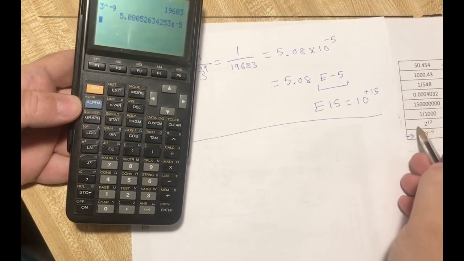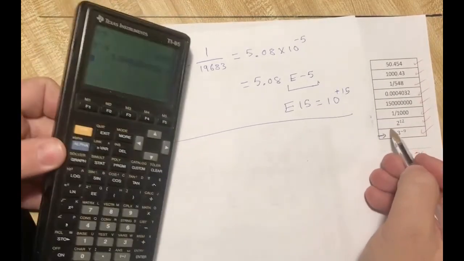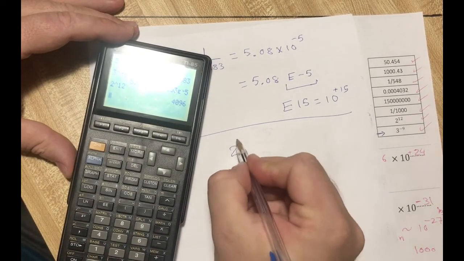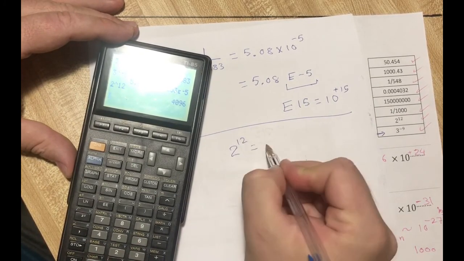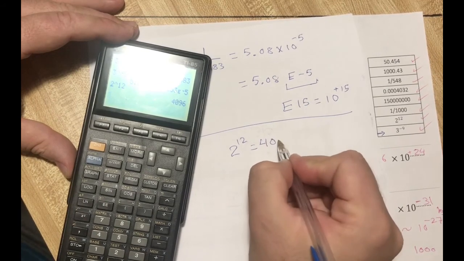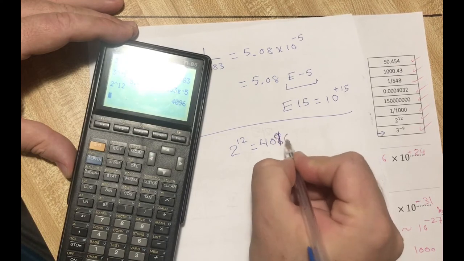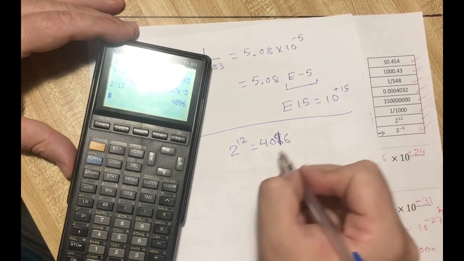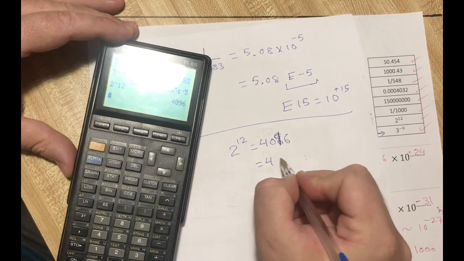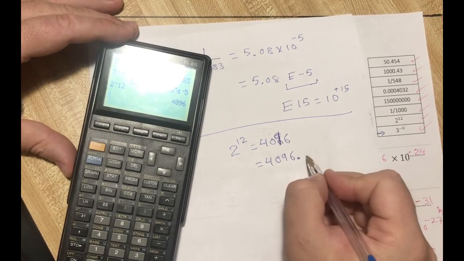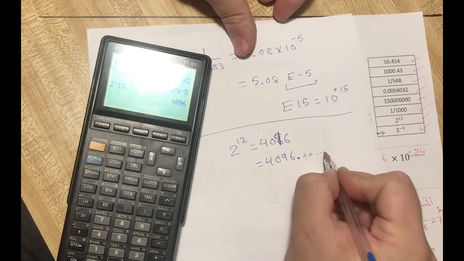Also the same, I can solve for 2 to 12. 2 to 12 is equal to 4,096. Sorry about that. 4,096. The decimal point is here, and all of the rest here are zeros.